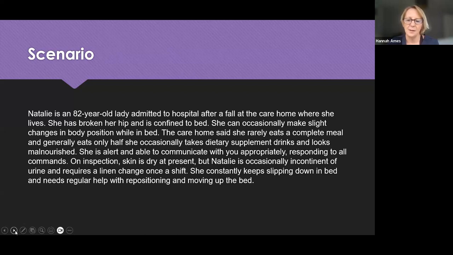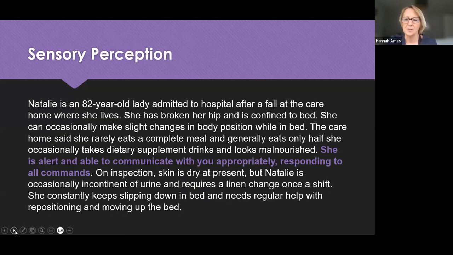She is alert and able to communicate with you appropriately, responding to all commands. On inspection, her skin is dry at present, but Natalie is occasionally incontinent of urine, requires a linen change once a shift. She constantly keeps slipping down in the bed and needs regular help with repositioning and moving up the bed.